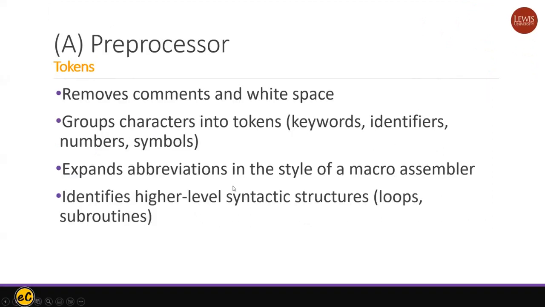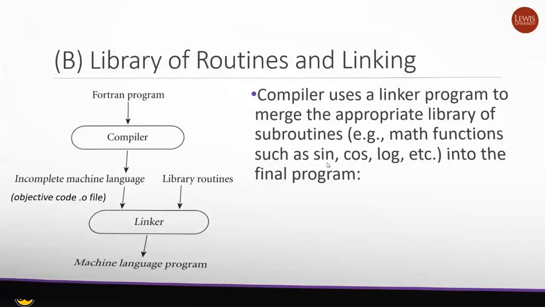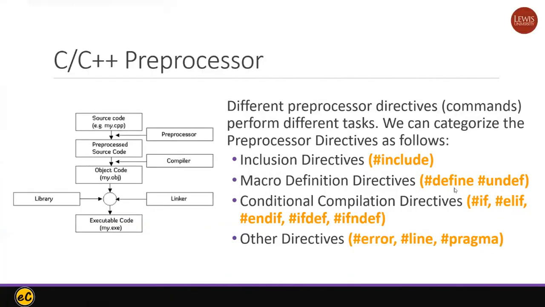It has a preprocessor to process directives, such as the include file, some definitions for constants, and define and undefine these different things. So your source code goes through pre-processing, and then everything becomes C, and then the compiler gets object code, and then link, and then executable.